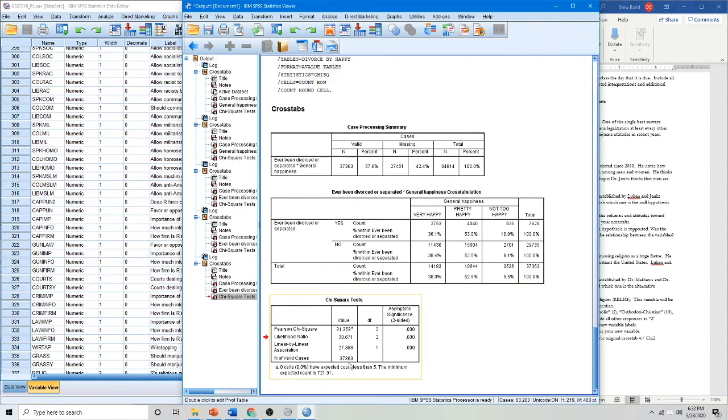You can see here that this was a question that was asked a lot in the surveys, and so we end up getting a number of cases of over 37,000. Generally speaking, with all statistical tests, in this case chi-square, the bigger your n is, the smaller the difference has to be in order for it to be significant.